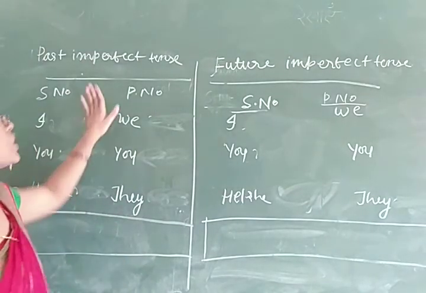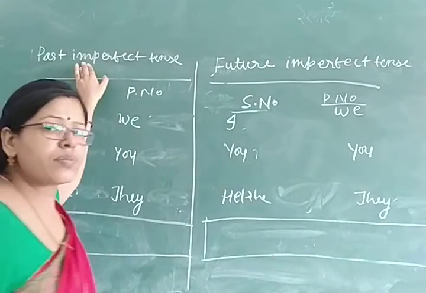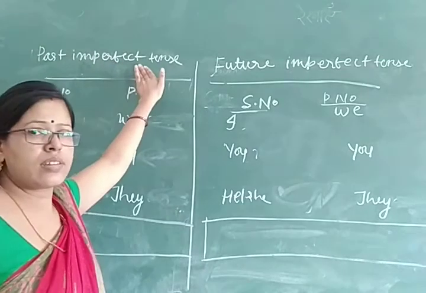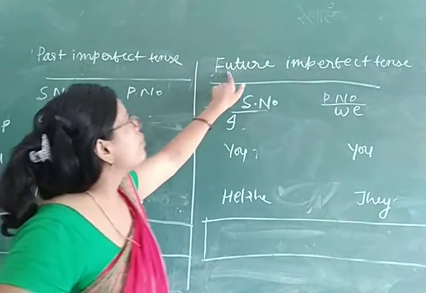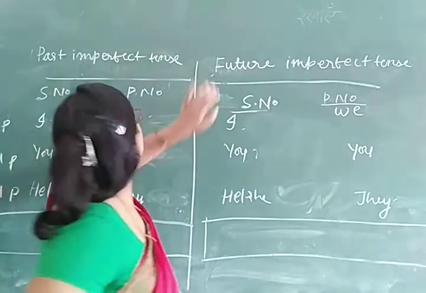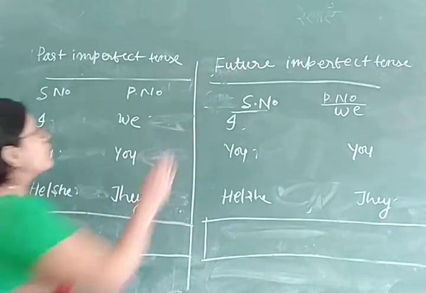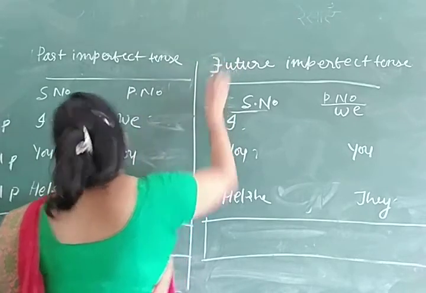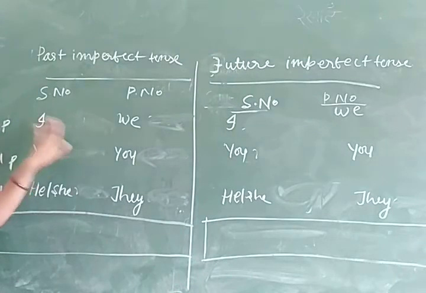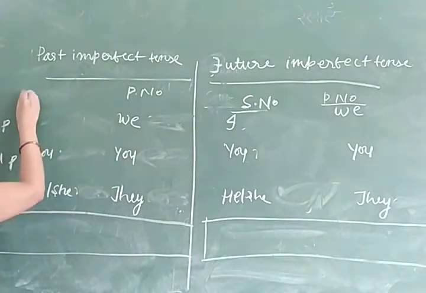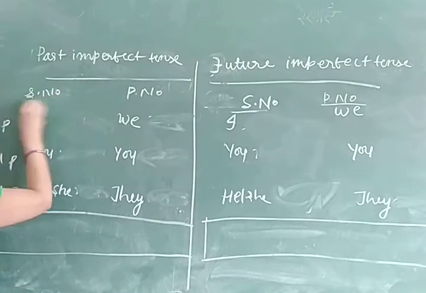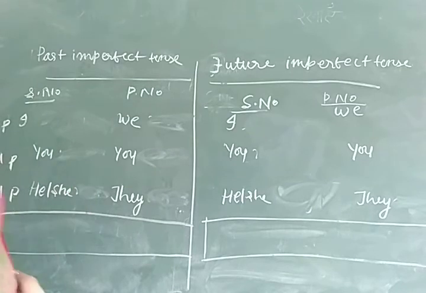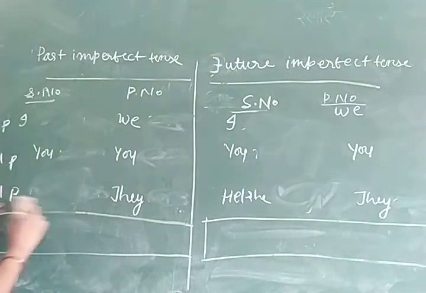So this is the structure and I have already written the title of this topic, past imperfect tense, and here future imperfect tense. Okay? Now, one by one I am going to make you understand. So here you know very well, just below the singular number, what we will write here? I, we, you, he, she, they.